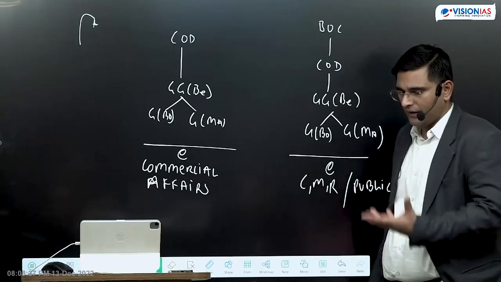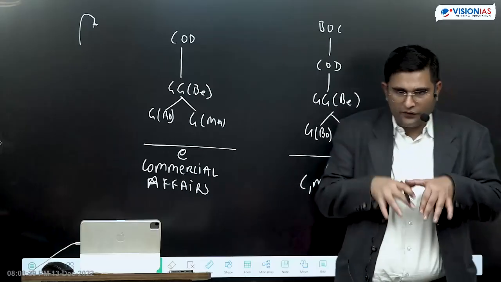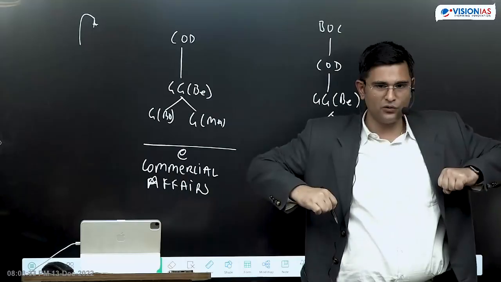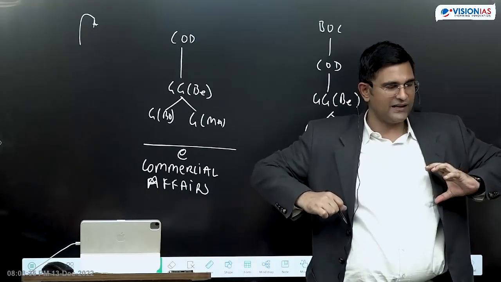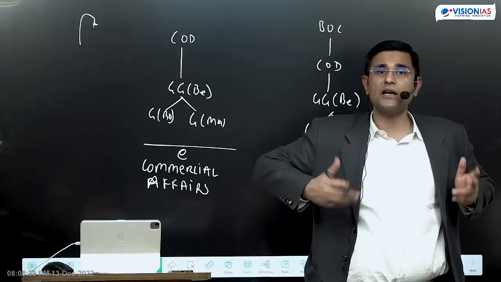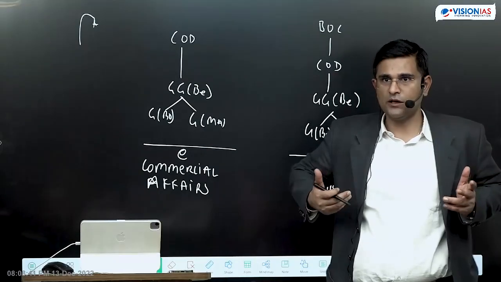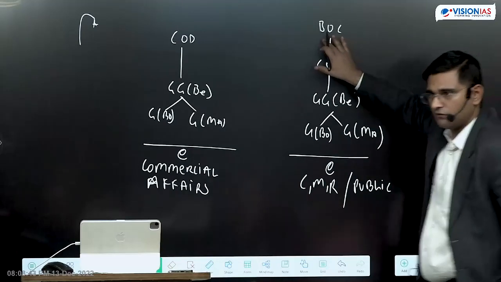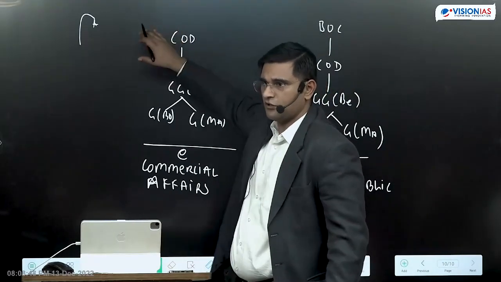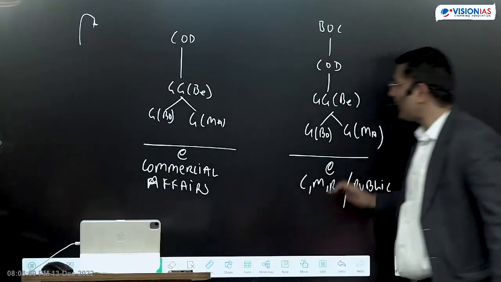So if I look at EIC, EIC is doing two things, commerce and private, and public, right? So I am separating these two things horizontally, and I am making one's boss COD, another's boss BOC. This is called double government. One government is of BOC, and one government is of COD. In the private matters, who is the government? COD. In the public matters, who is the government? BOC.